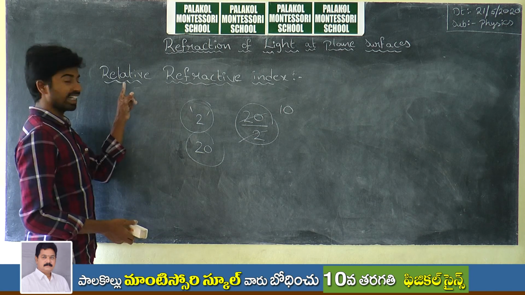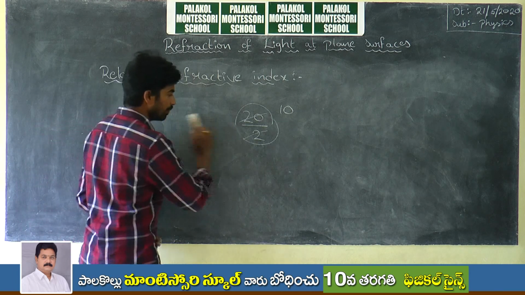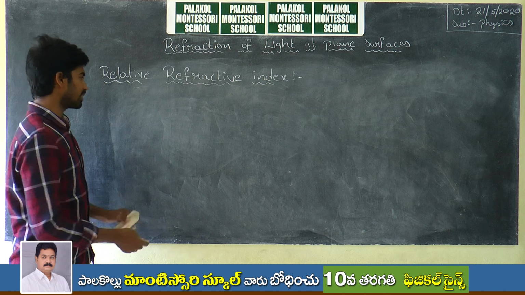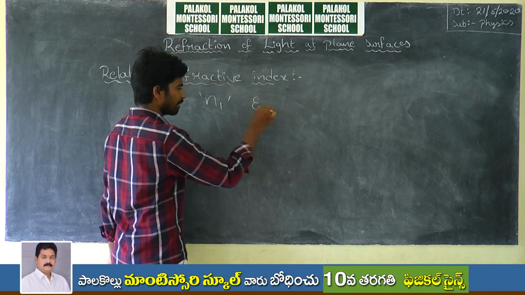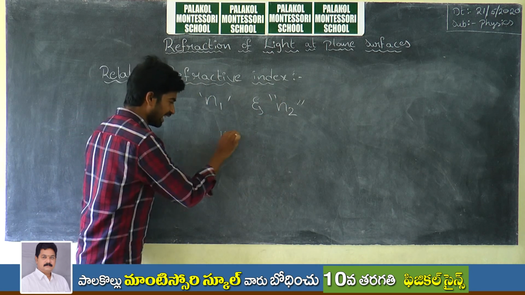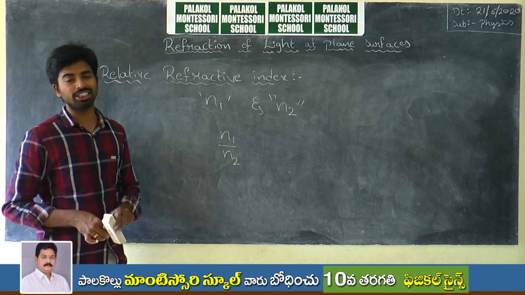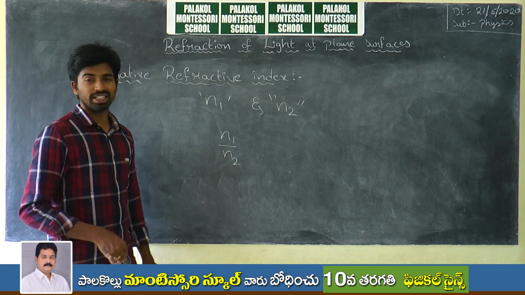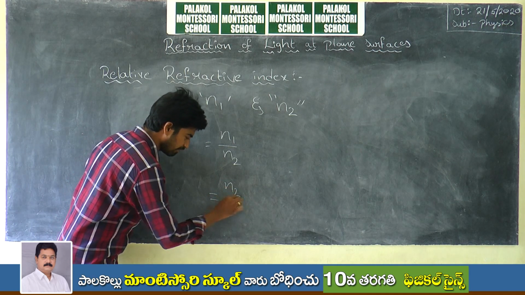Here we are getting the relations between refractive indices. So if there are two mediums, and the first medium's refractive index is N1 and the other medium's refractive index is N2, then N1 by N2 denotes the relative refractive index. Or you can find N2 by N1 also.